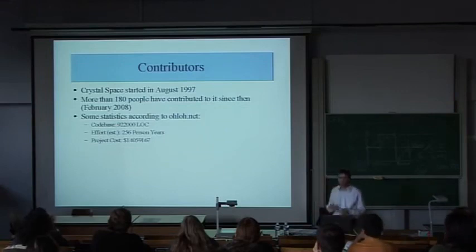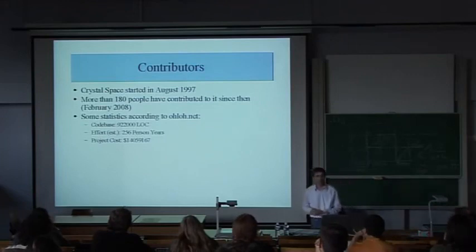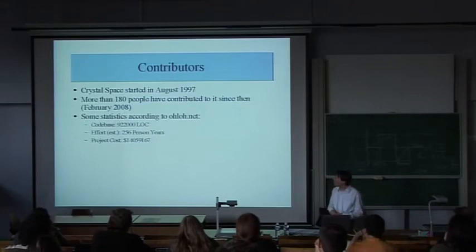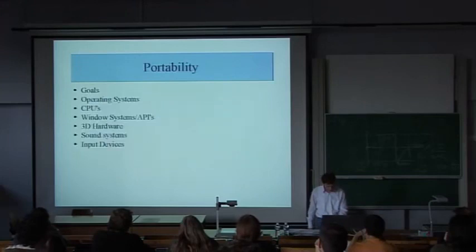It's a bit of Python, a bit of Java, and a bit of shell scripts also. 256 person years, so I didn't do it all alone because I'm not that old yet. And $14 million project cost. I don't know how accurate all this is, of course. It's just what that site told after analyzing the source code of Crystal Space.